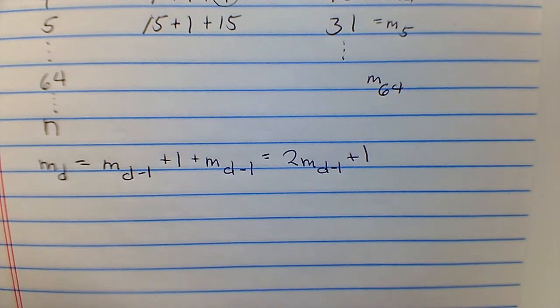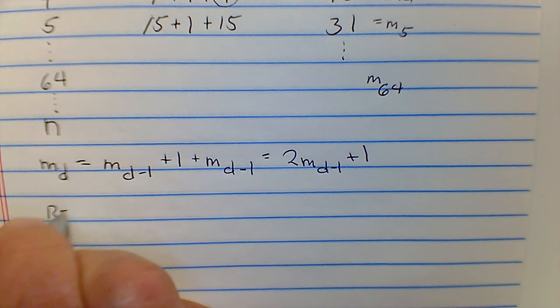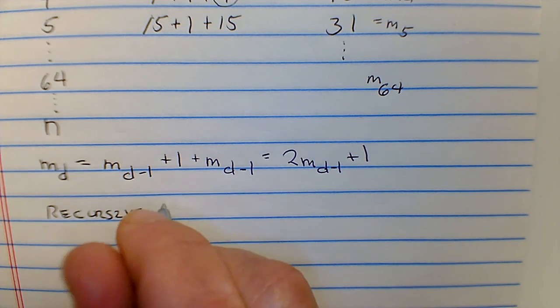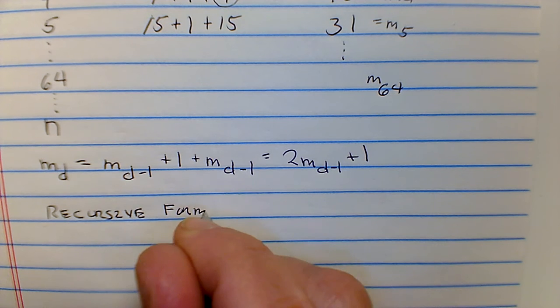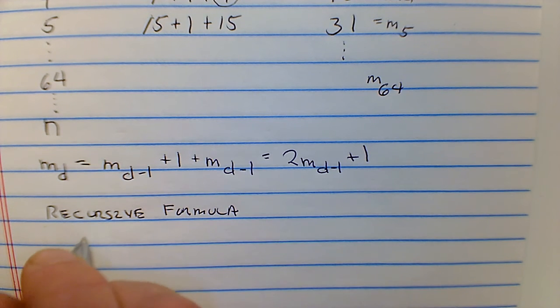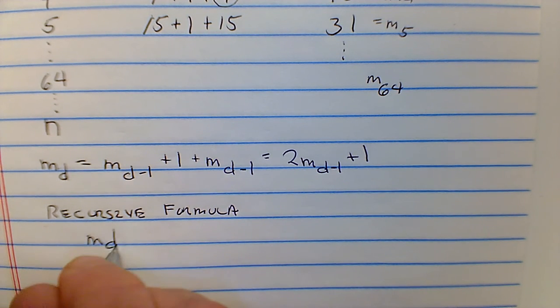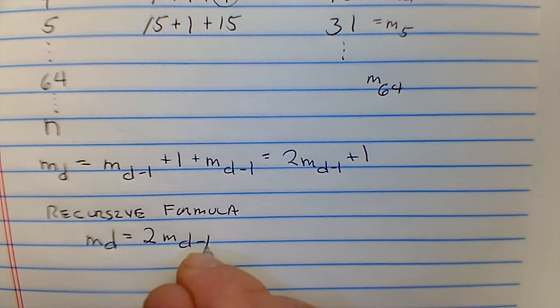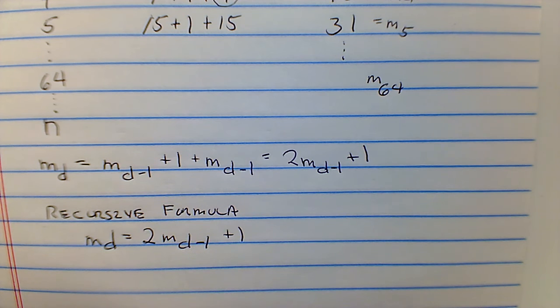So our recursive formula is that M sub D is equal to 2 times M sub D minus 1 plus 1, provided that we have an initial starting point of M sub 1 equal to 1.